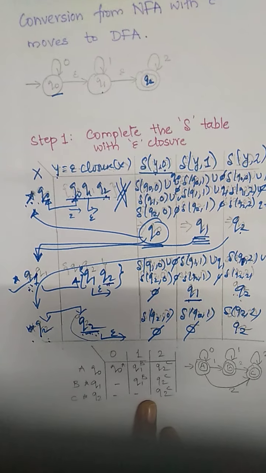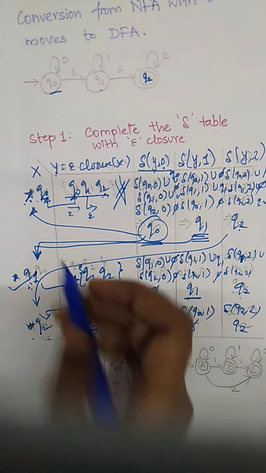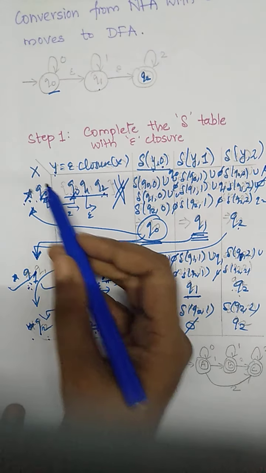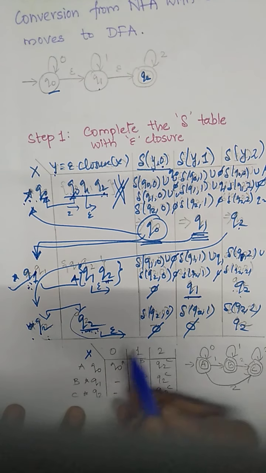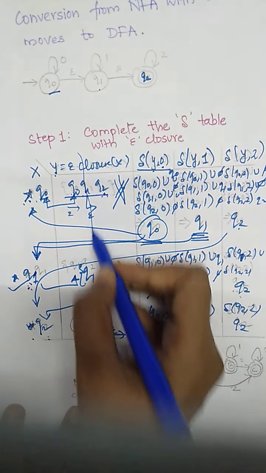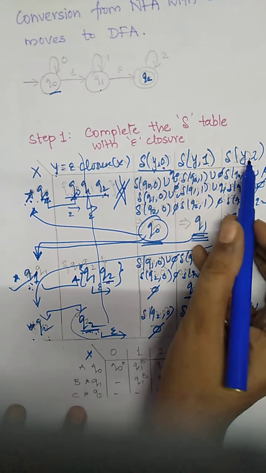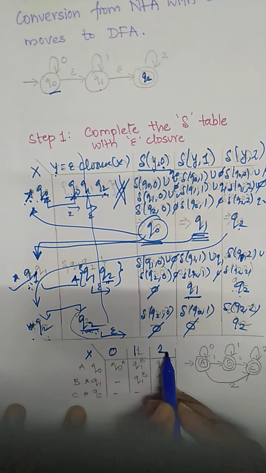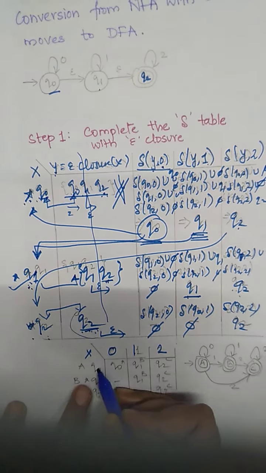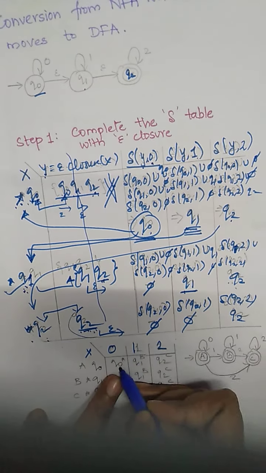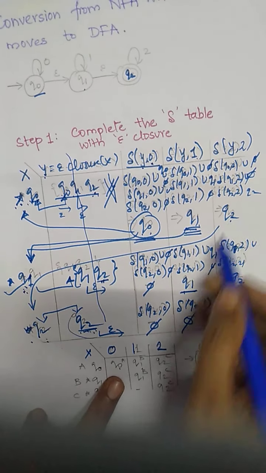Now what next? We are going to redraw the table. This is the X column we had kept here, and we have to drop it now. We are not going to consider the epsilon closure. We are going to consider only 0, 1 and 2. Now Q0 goes to Q0, Q0, Q1, Q1, Q2, Q2.